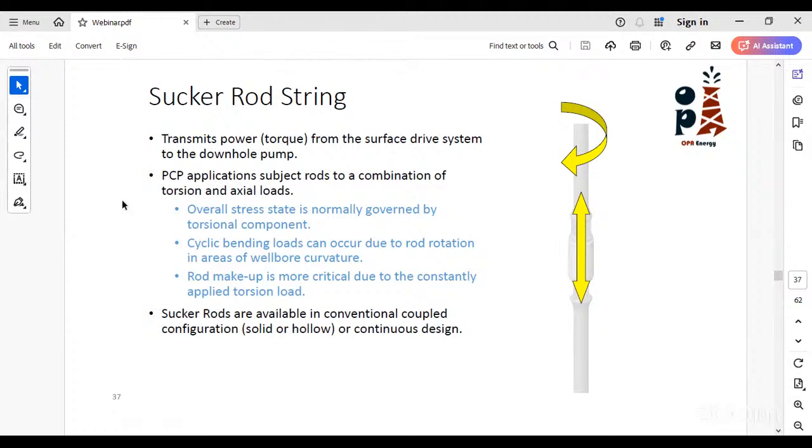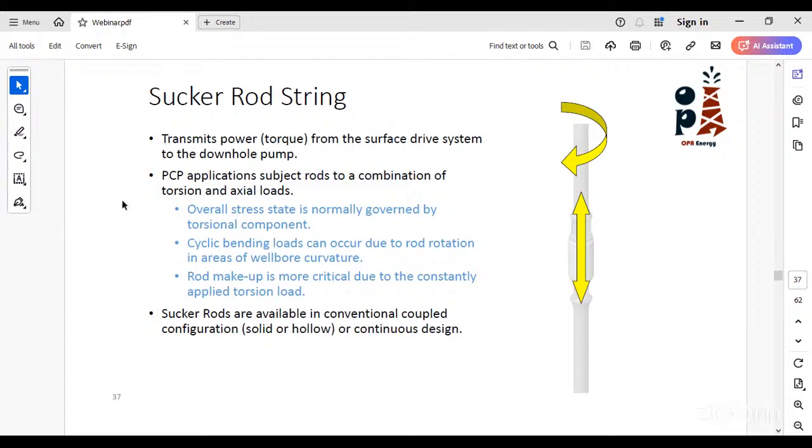To highlight them, the first one of them is the torsional stress, because as you know, we are rotating our rods, so they can be affected by the torsional stress that can shear rods if designed badly or not taken into consideration during our design.